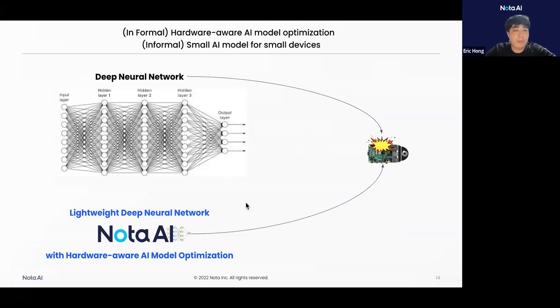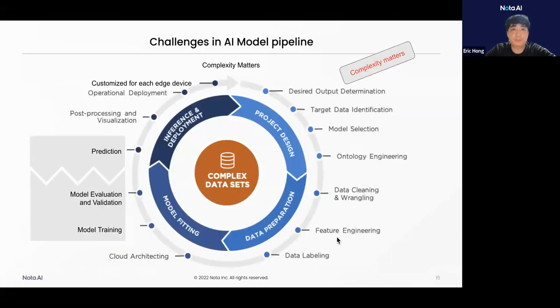So what we do is making a lightweight deep learning neural network with hardware-aware AI model optimization. This is the challenge. There are a lot of steps in the AI model pipeline from the data set to the deploying stage on the edge device.